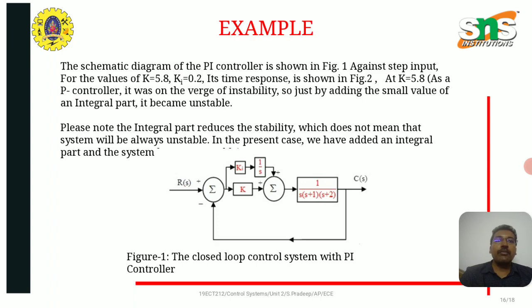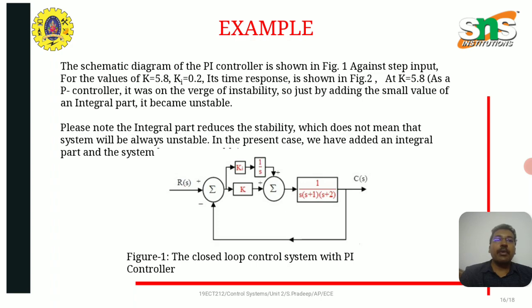Against step input for the values of k equal to 5.8, ki equal to 0.2, its time response is shown in figure 2. At k equal to 5.8 with the P controller, it was on the verge of instability, so just by adding a small value of the integral part, it became unstable.